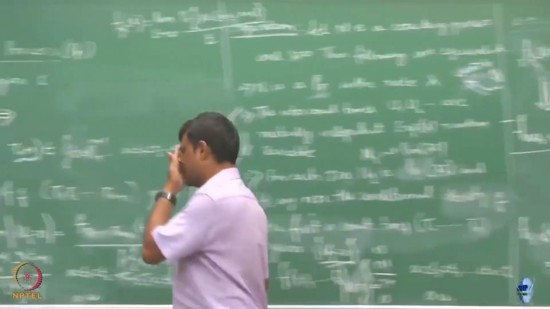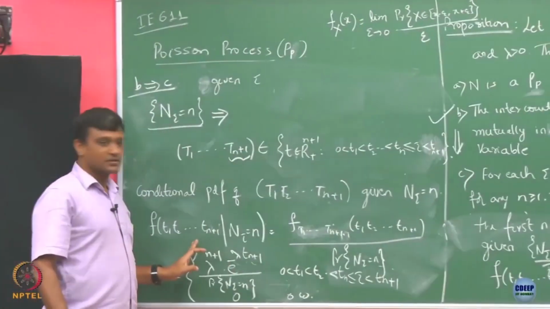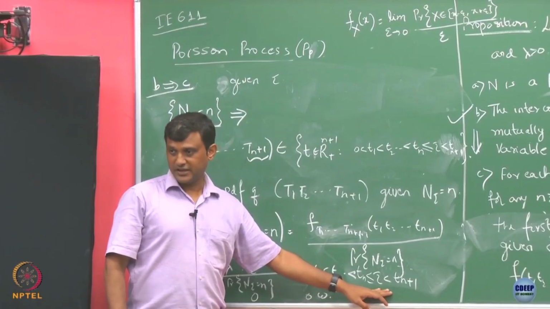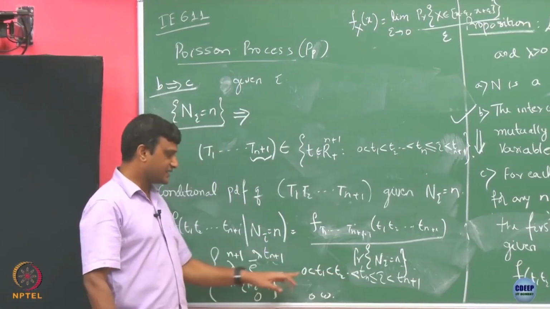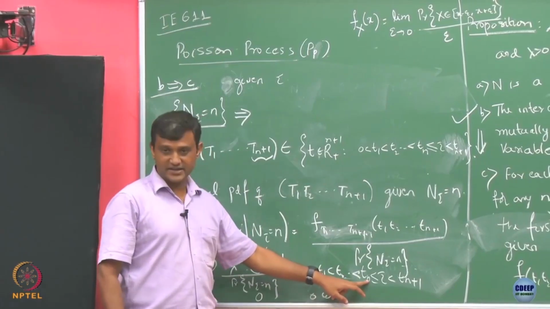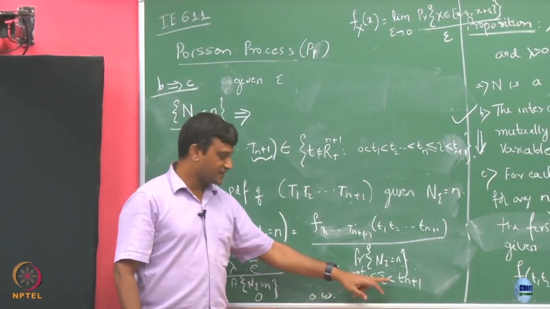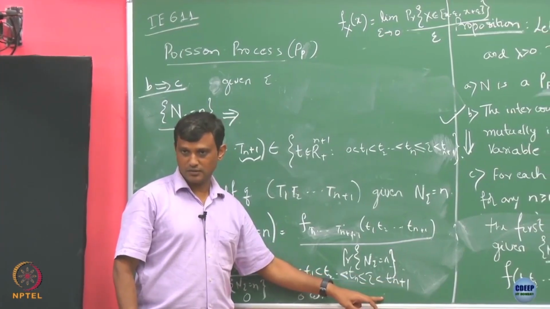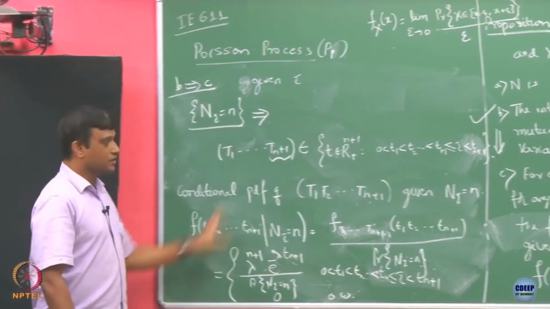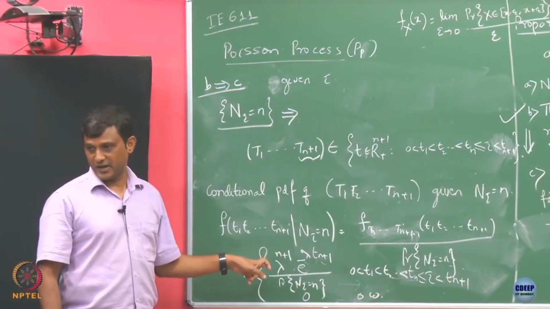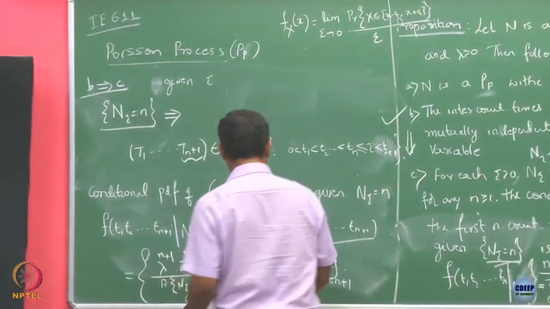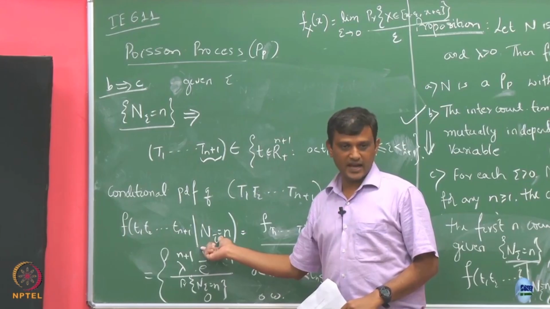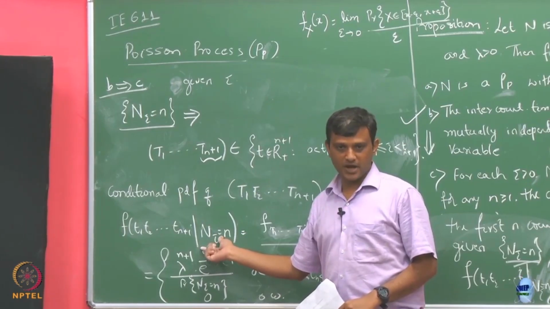But now that I have this tau factor here, this joint PDF is defined on these T's such that these T's are strictly increasing, and such that this Tn plus 1 is strictly larger than tau. That is where I could use the PDF in this format, okay. This is because I have to ensure that I have been conditioned on the fact that there are n counts till time tau.